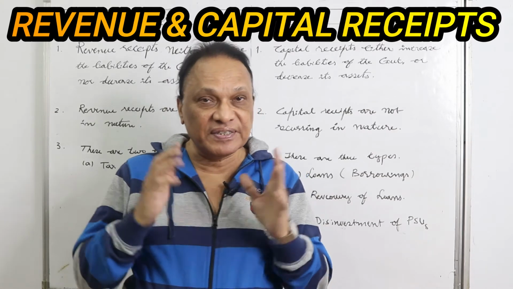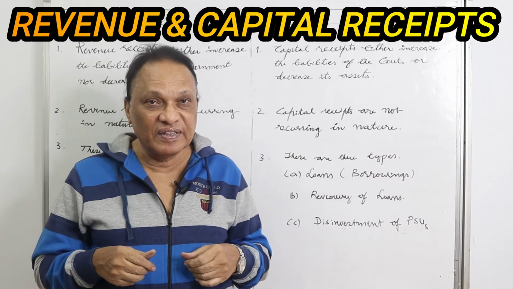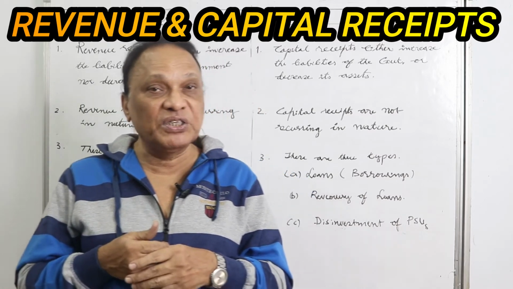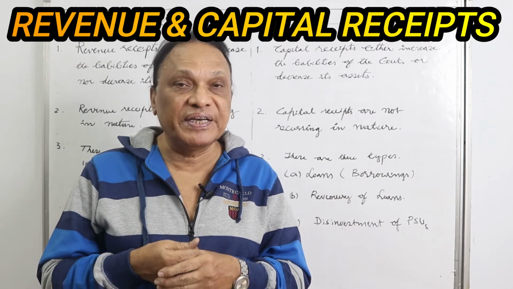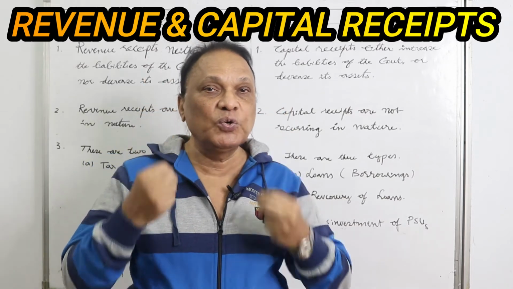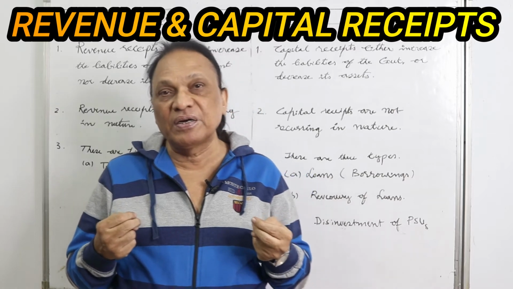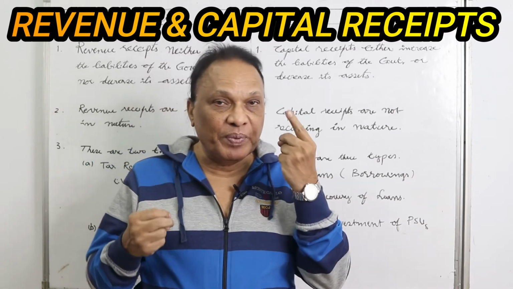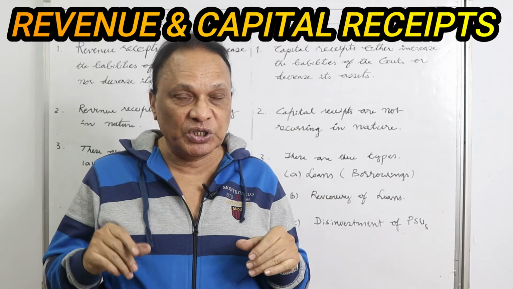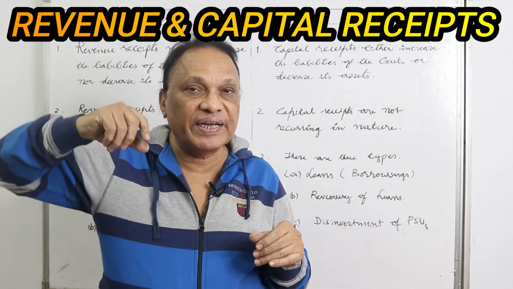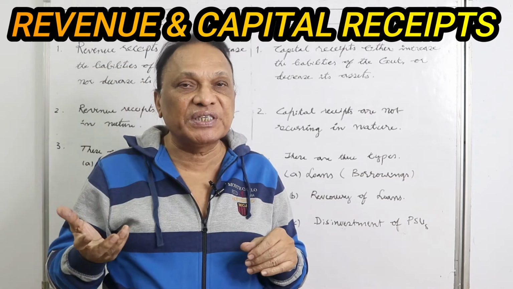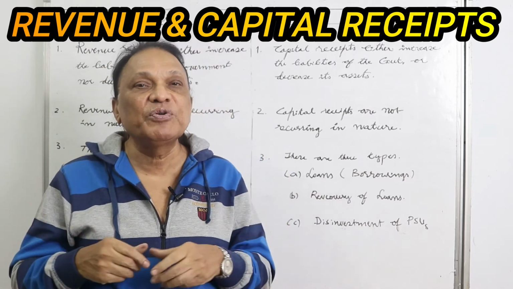We have been discussing the government budget, its objectives and parts of it. We've already seen the government budget has two components: the revenue budget and the capital budget. Revenue budget again has two components, revenue receipts and revenue expenditure.